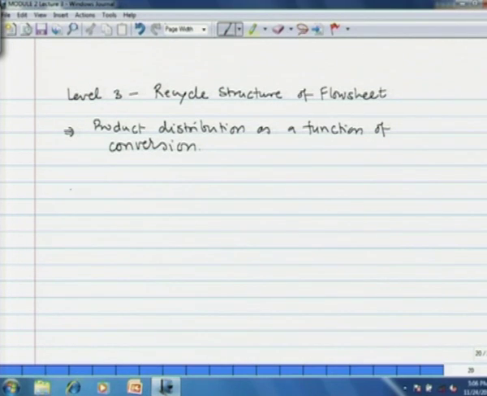So, now let us see what decisions that we need to take while deciding the recycle structure of the flow sheet. Of course, recycle structure of the flow sheet will also be influenced by the reactor design, because the conversion itself depends on the reactor design.